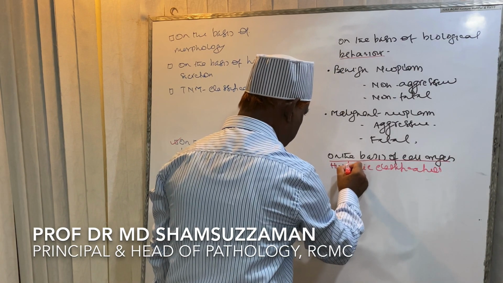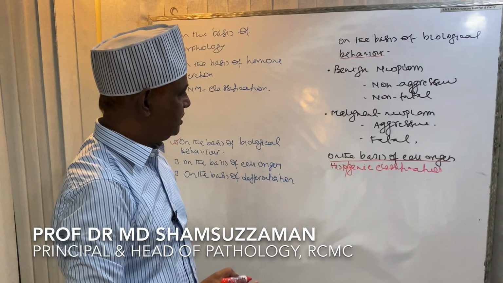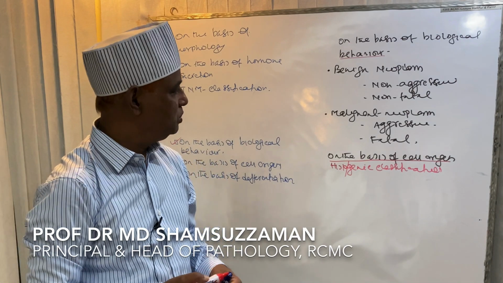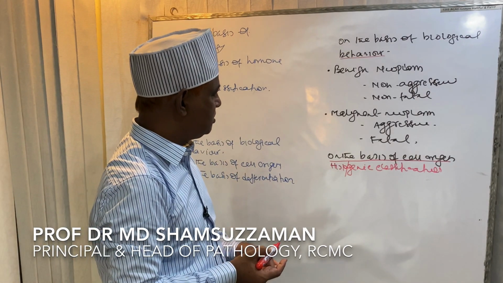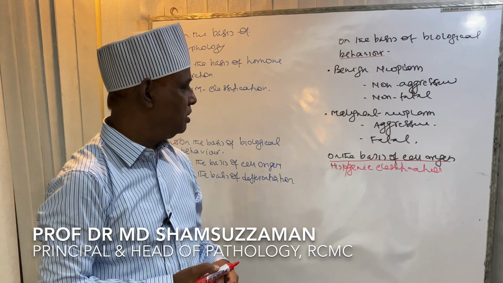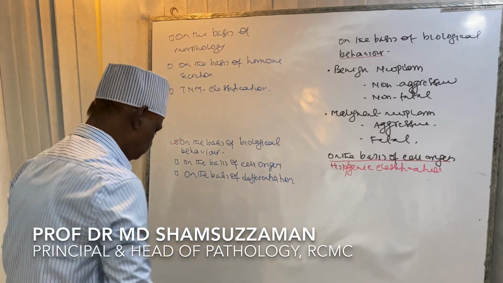You know histo means tissue. The neoplasm genesis from the tissue. On the basis of tissue, as per genesis of neoplasm, it is called histogenic classification or classification on the basis of cell origin.